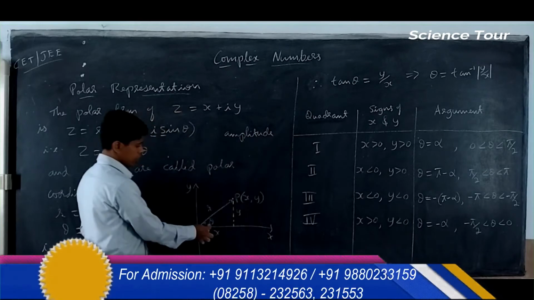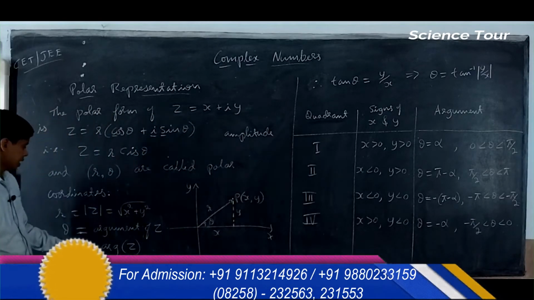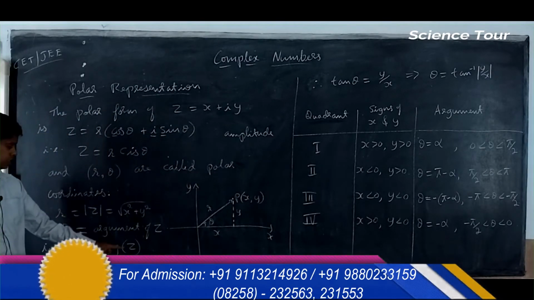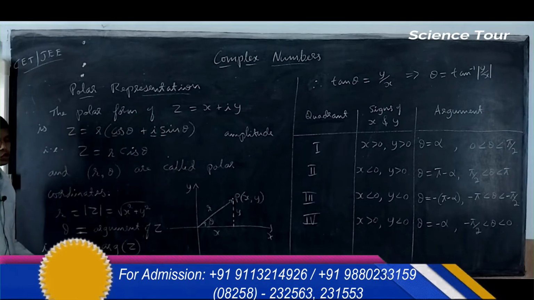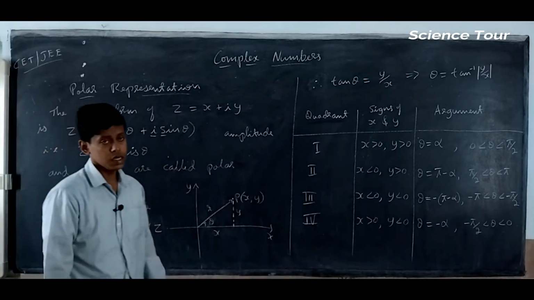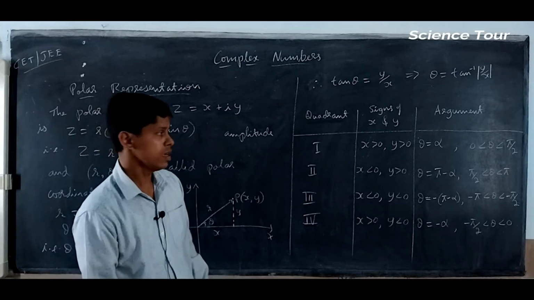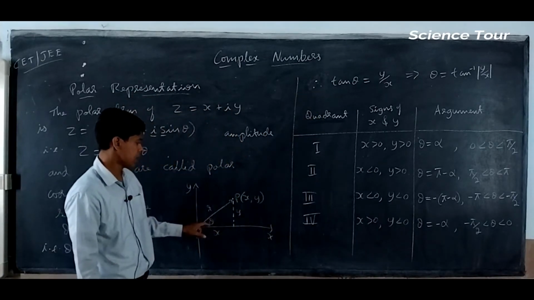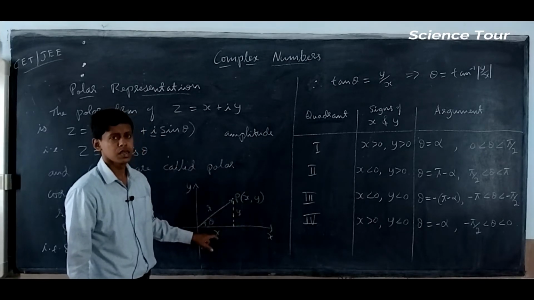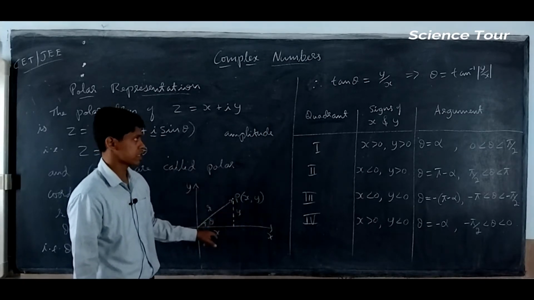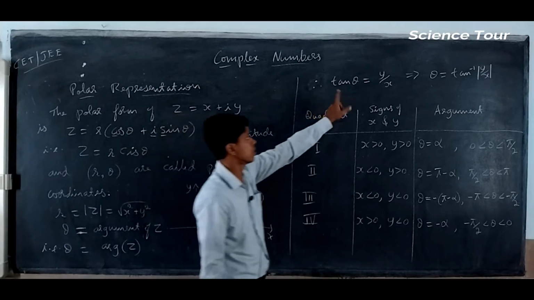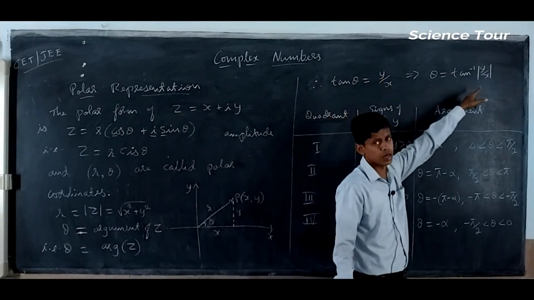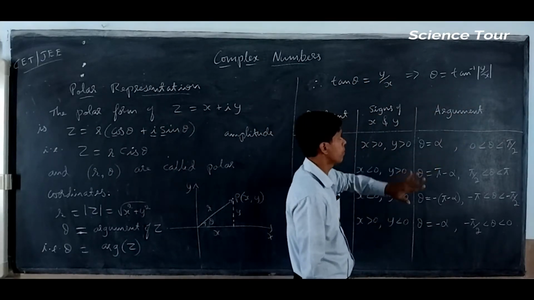So amplitude or argument is theta, and in short it is written as arg of z. That is the notation we use for the angle theta. Now here, what is tan theta? Tan theta is opposite by adjacent, y by x, correct? So therefore theta is nothing but tan inverse of y by x, taken within the modulus.